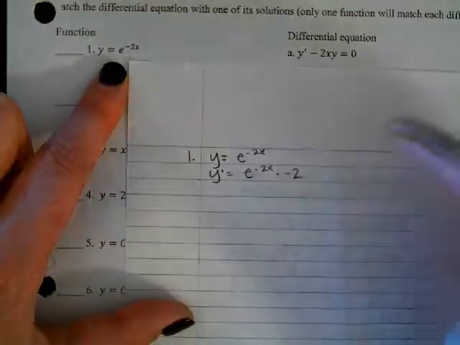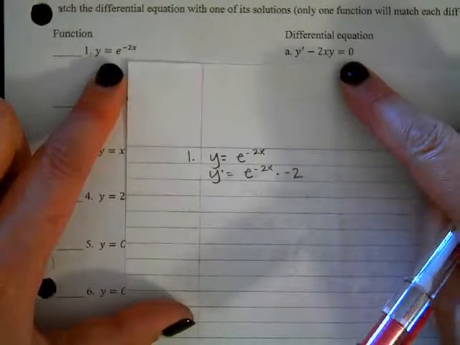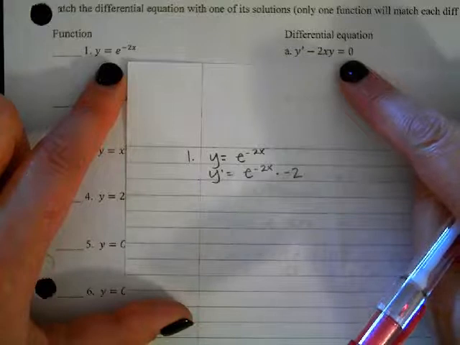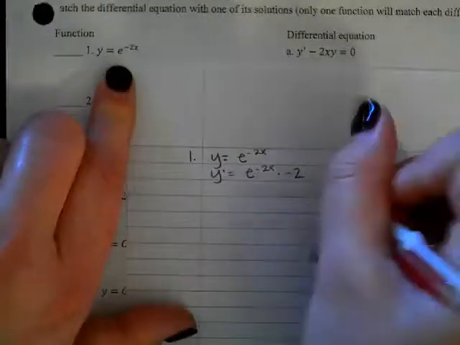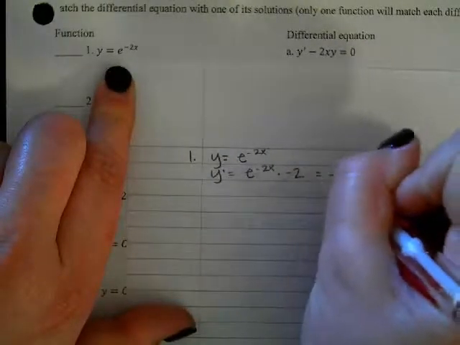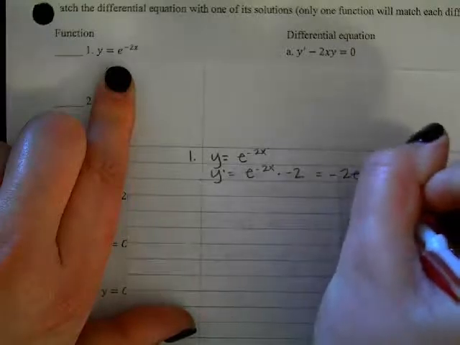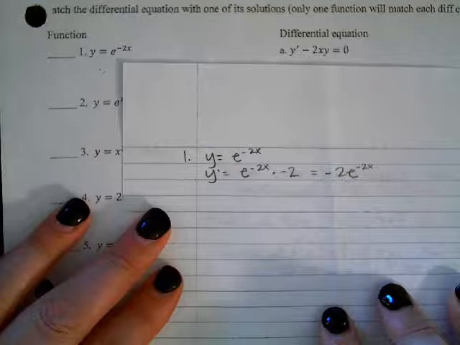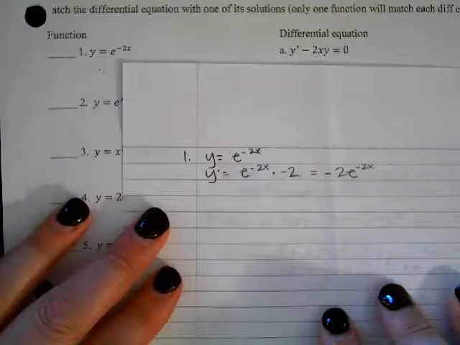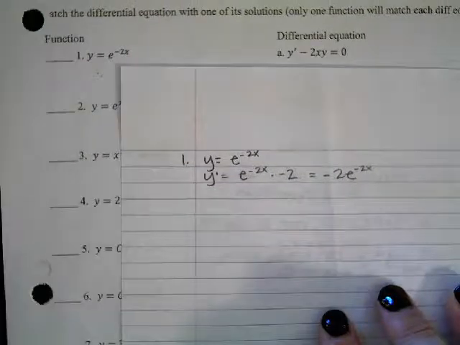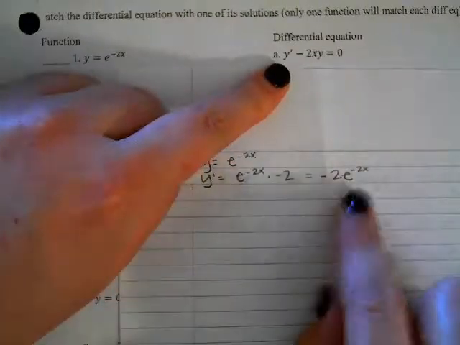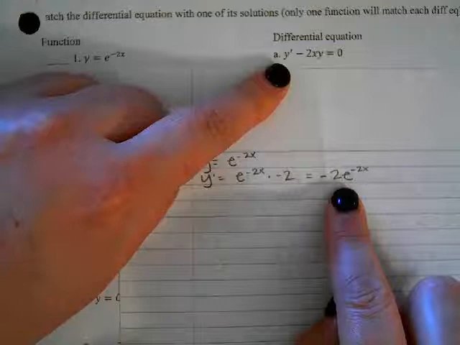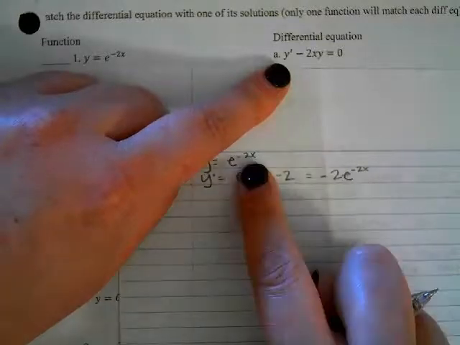Maybe I'll just go ahead and write this, negative 2 e to the negative 2x. Is number 1 going to go with A? Yeah, it's kind of similar though, but there's an x in the second part of the problem. You guys see that? That's too much. It'd be this minus this, but an extra x in there, it's not quite working.